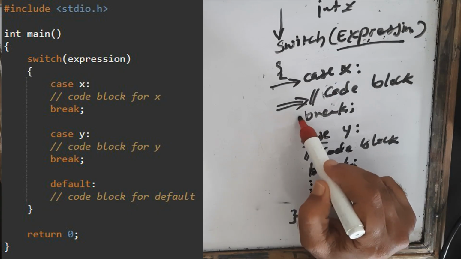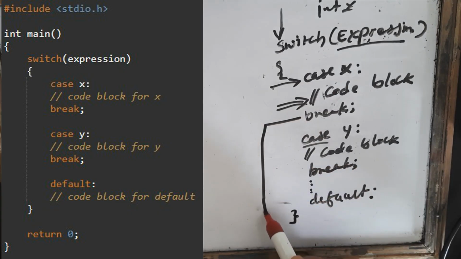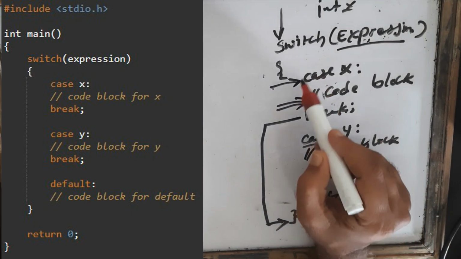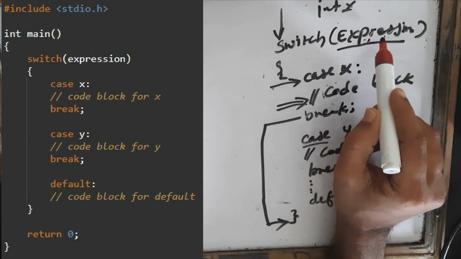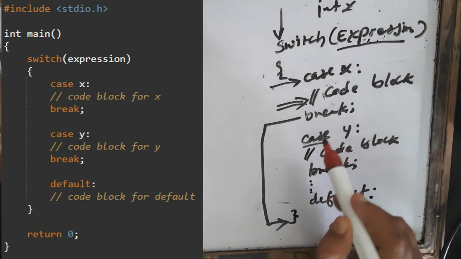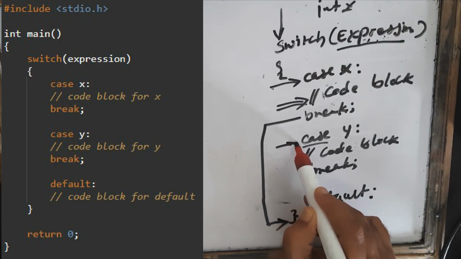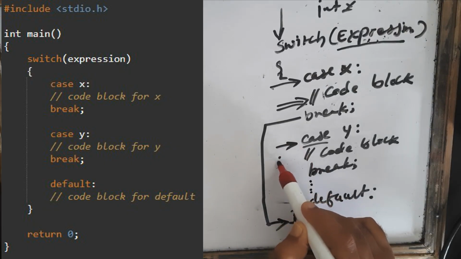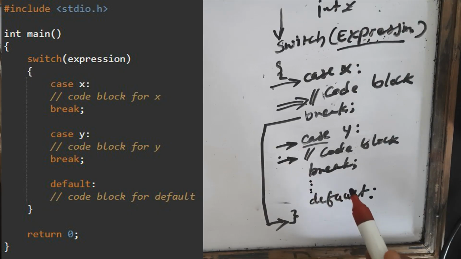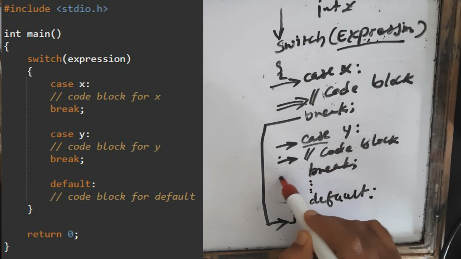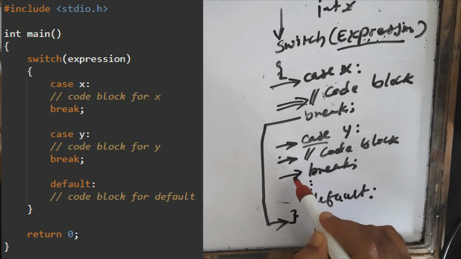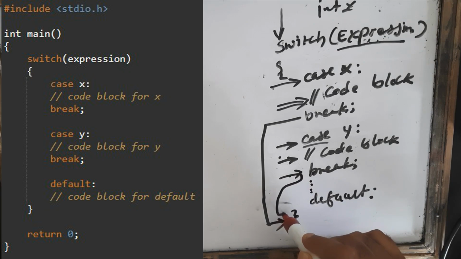Then break. Break means it directly goes to the end of the switch case. Or if the expression returns value y, it jumps directly to case y, then executes all the code blocks related to case y, then break. When it comes across break, it directly jumps to the end of the switch.